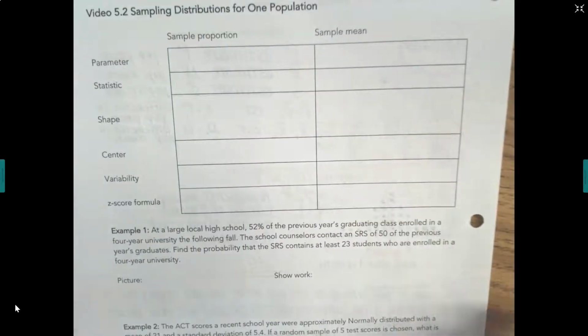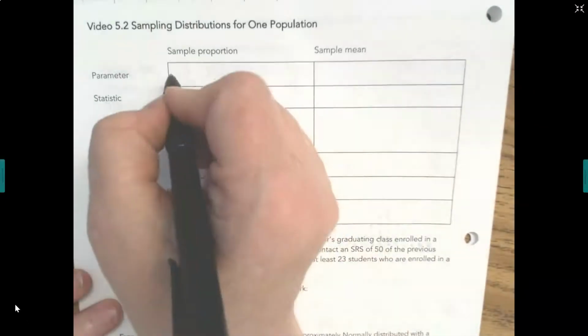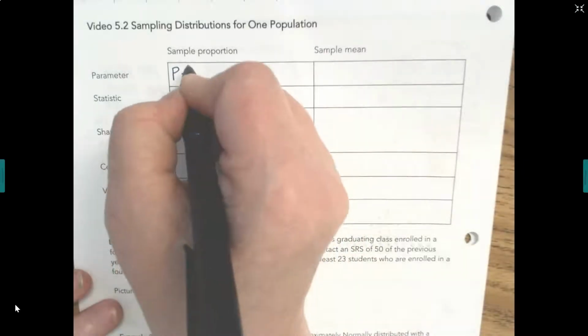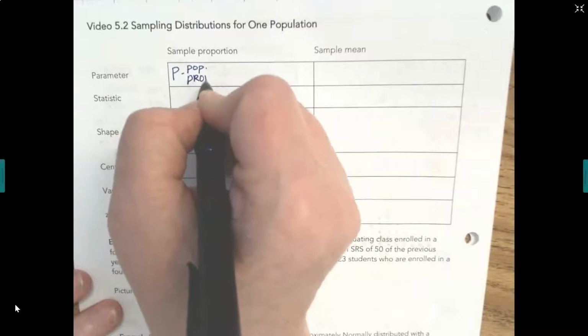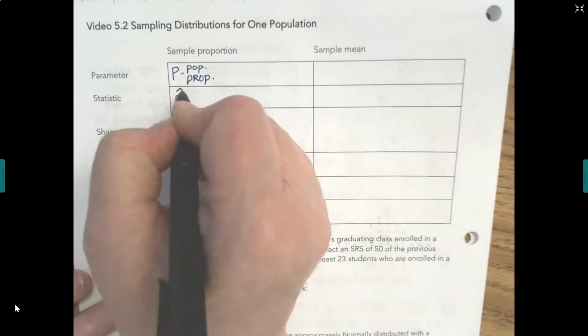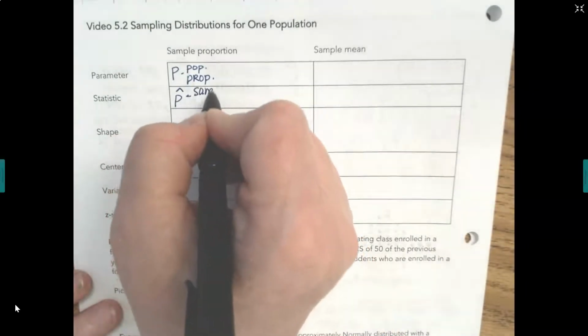What we'll be looking for is if we have a parameter. We're going to start with the proportion here. Remember, your parameter is noted with P, and that represents your population proportion. Your statistic here will be P hat, and that is going to be your sample proportion.